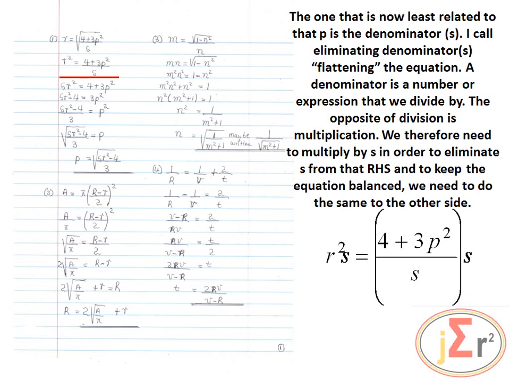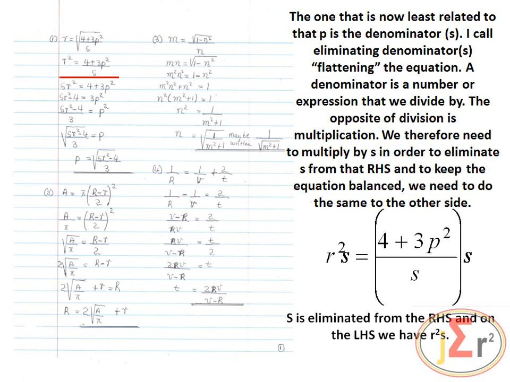And notice that in this particular case also we are including brackets because we are demonstrating that it is the entire expression on the right hand side that we are multiplying by S, thereby eliminating the denominator on the right hand side, and we need to keep that equation balanced by multiplying by S on the left hand side also.